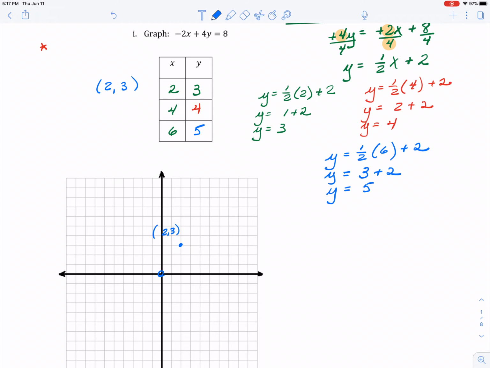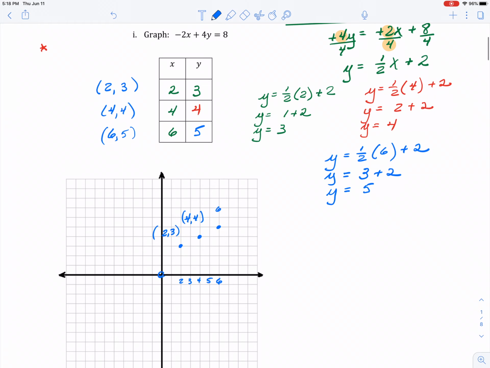The second point has coordinates x 4, y 4. That looks like 4, 4 right there, 4 to the right and 4 up. And the third point has coordinates 6, 5.